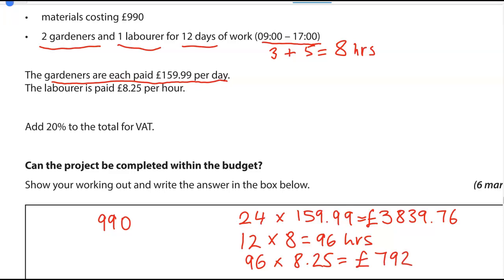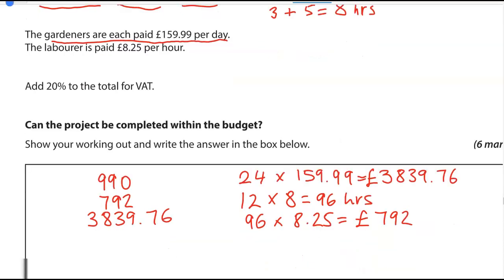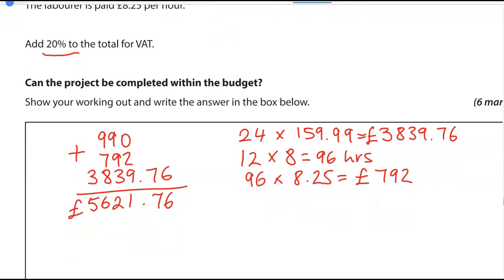So if we add the £792, as well as £3,839.76, that gives us a total of £5,621.76, with a need to add 20% VAT.